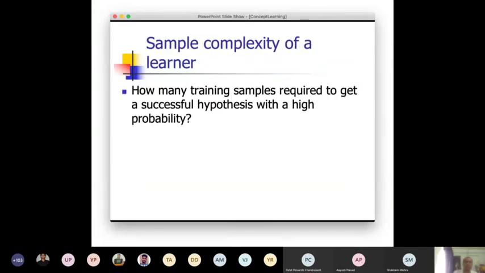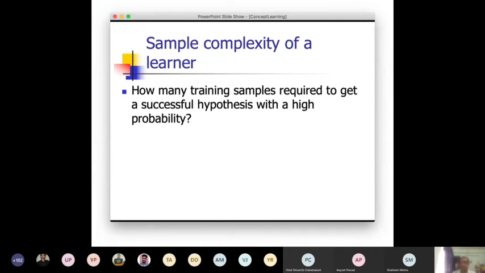This is something interesting. We try to characterize any particular algorithm with respect to this. One of the basic questions asked when addressing this is: how many training samples are required to get a successful hypothesis with a high probability?